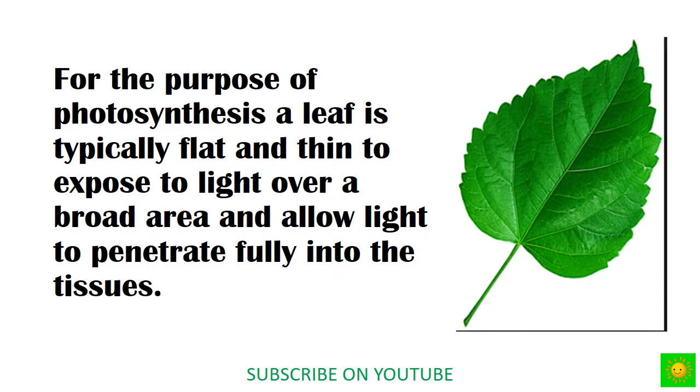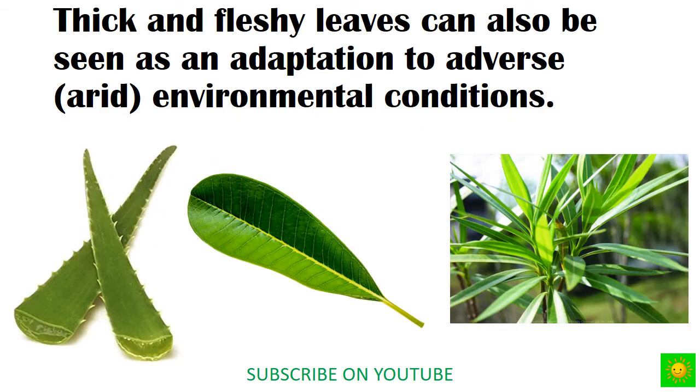For the purpose of photosynthesis, the leaf is typically flat and thin to expose to sunlight over a broad area and allow light to penetrate fully into the tissues. Thick and fleshy leaves can also be seen as an adaptation to adverse environmental conditions. Examples are aloe, temple flower, yellow oleander, that means kaneru.